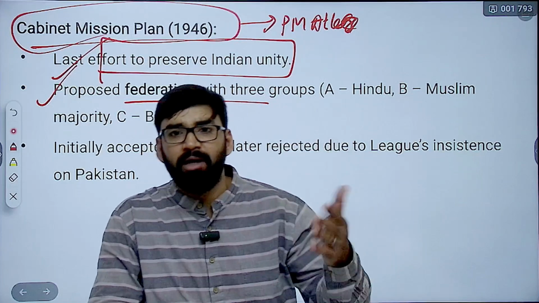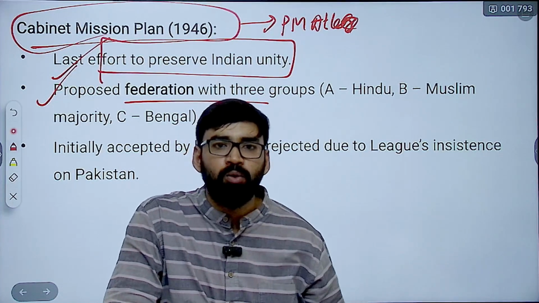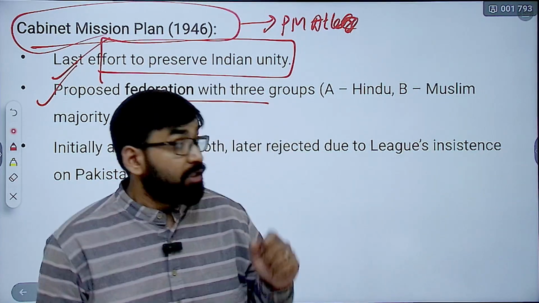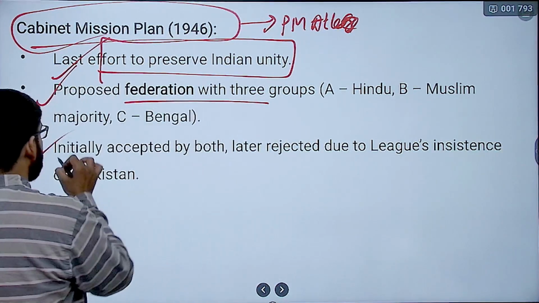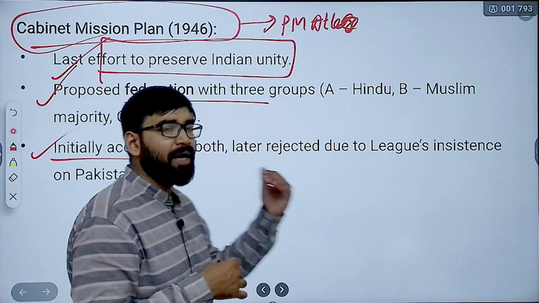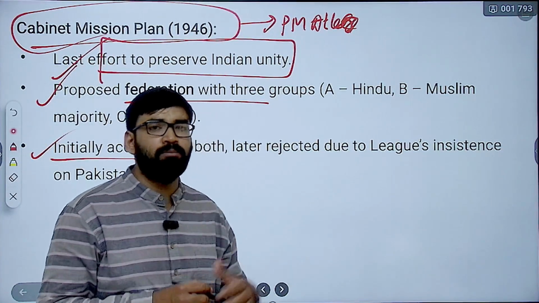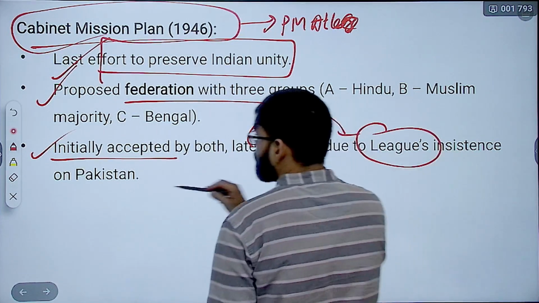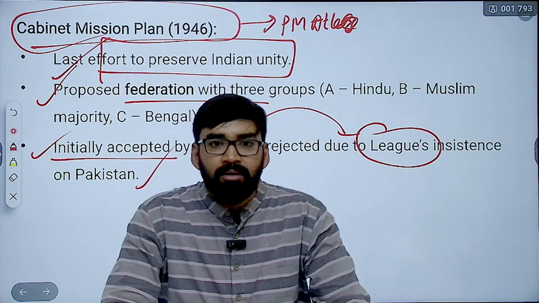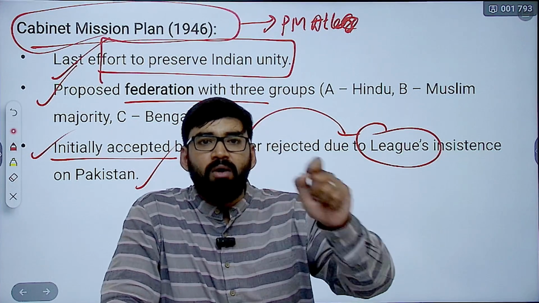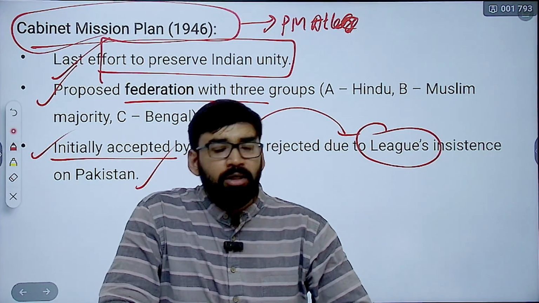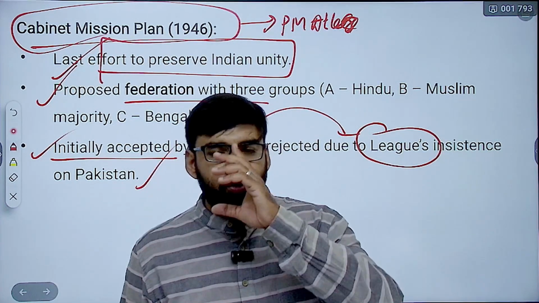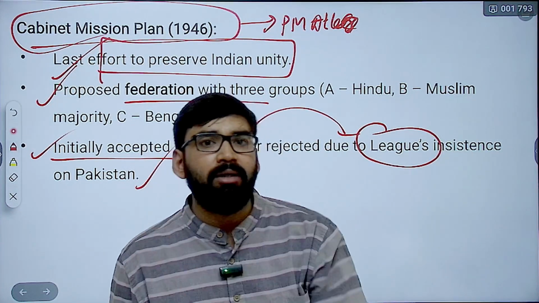That is Group A, Group B and Group C. Group A Hindu majority, Group B Muslim majority and C Bengal areas. Now initially this cabinet mission plan was accepted by both, that is INC and Muslim League, but later it was rejected due to Muslim League insistence on Pakistan. So the demand of Pakistan, which was given by the Muslim League, was rejected by the cabinet mission.